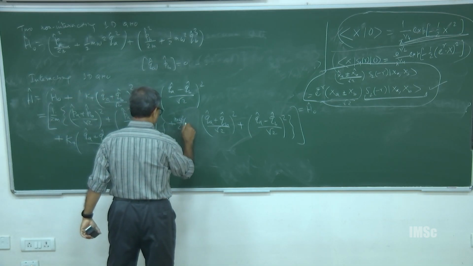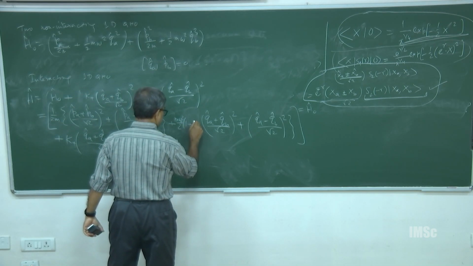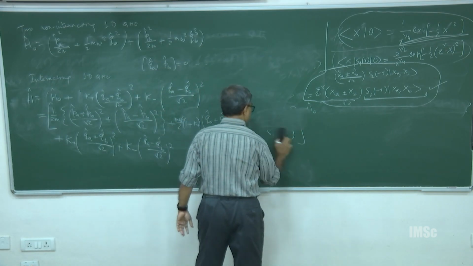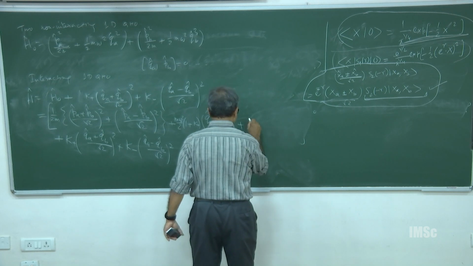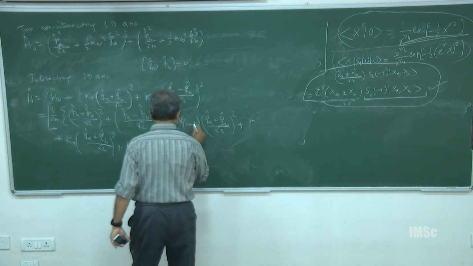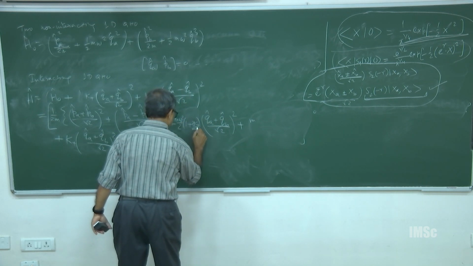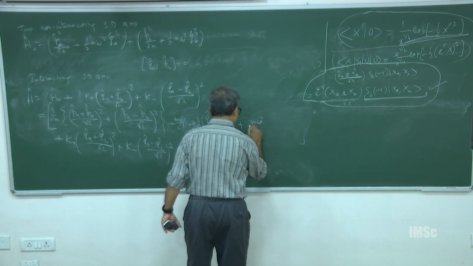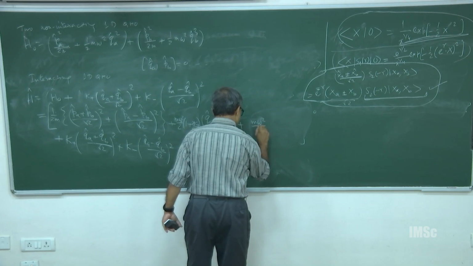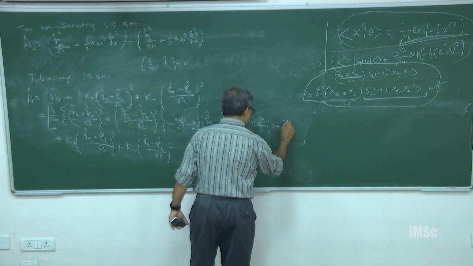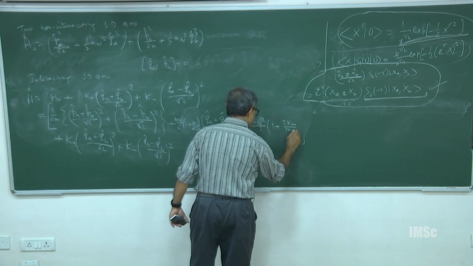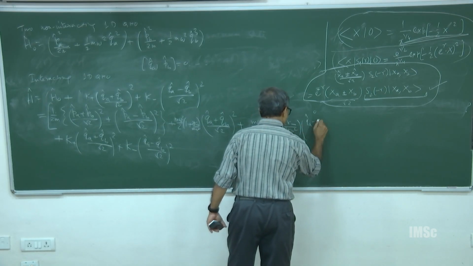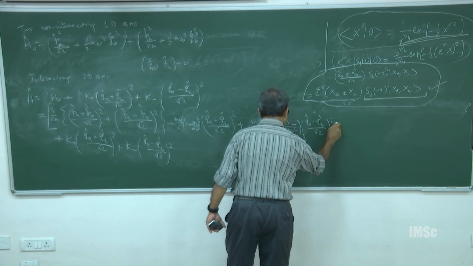This is 1 plus k plus, and then this will be, no, not m omega square, this is twice k by m omega square, and then this is m omega square by 2, 1 plus twice k minus by m omega square, this is qa minus qb by root 2 square.